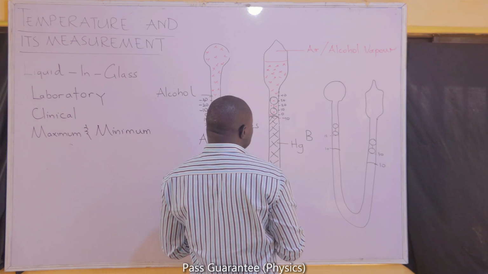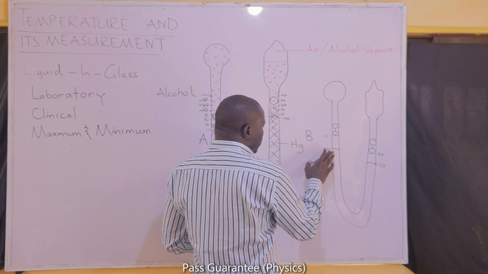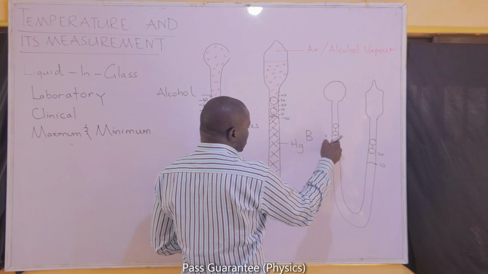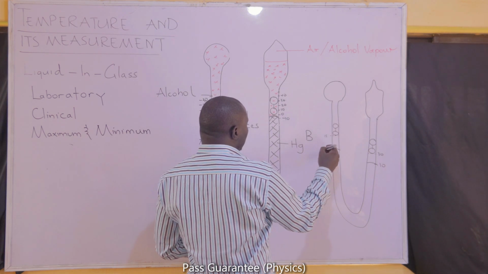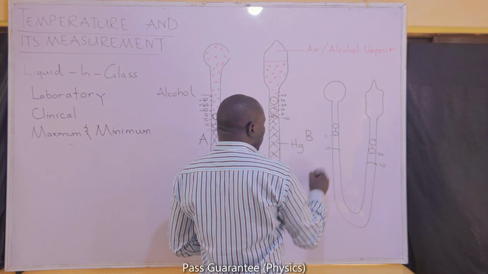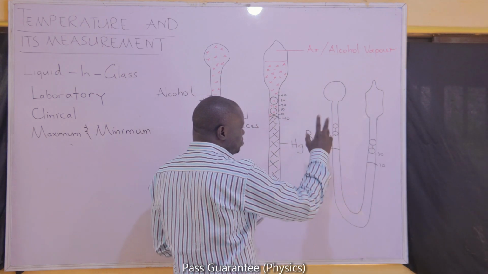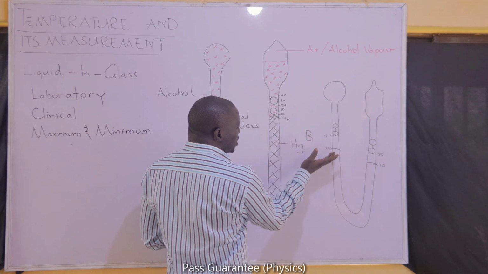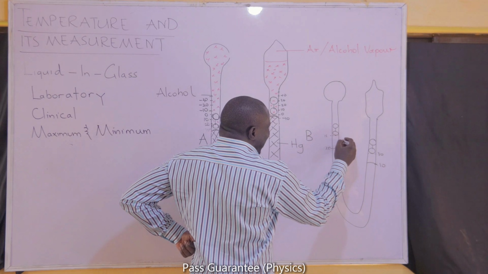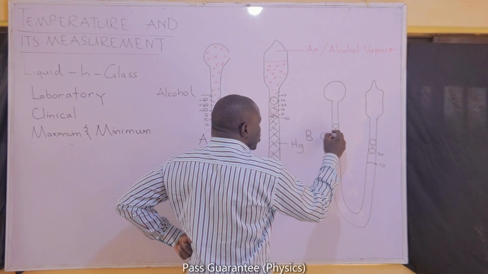What we are saying in essence is that it is possible for, okay, let us say here it could be at, because there's a reduction on this arm, let us say here it is at 20. What we are saying in essence is at a point during the day, the mercury on this arm went as high as driving the steel index to this particular point where the temperature was 15.